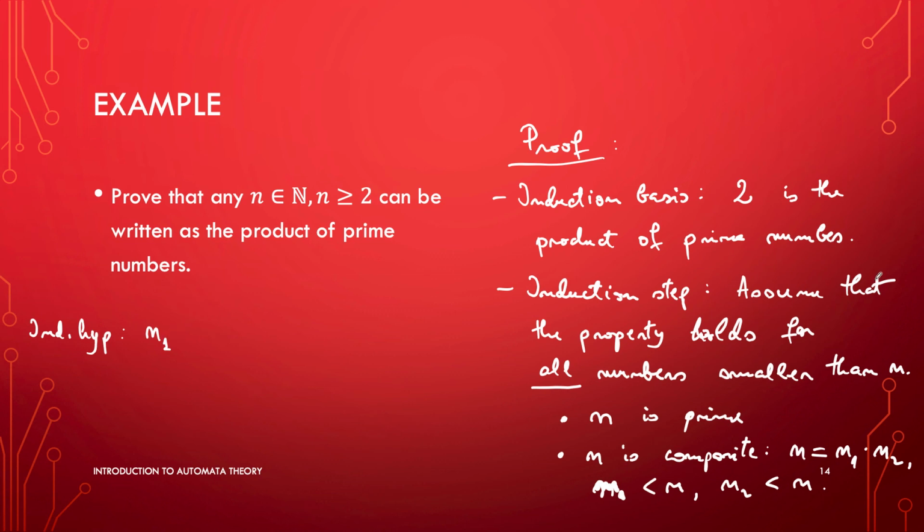because I can apply it to n1 without worrying how much smaller than n this is. So by induction hypothesis, n1 can be written as the product of some prime numbers, p_i primes for all these i's. And in fact I can do the same also for n2. n2 is also smaller, and so this also can be written as the product of some prime numbers q_j.